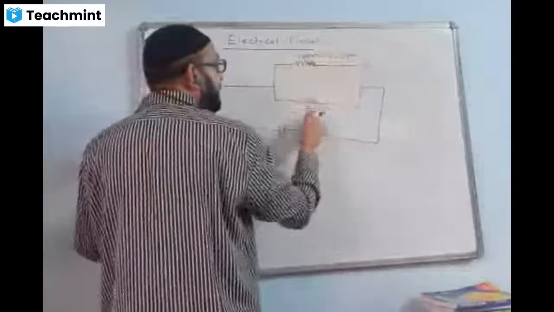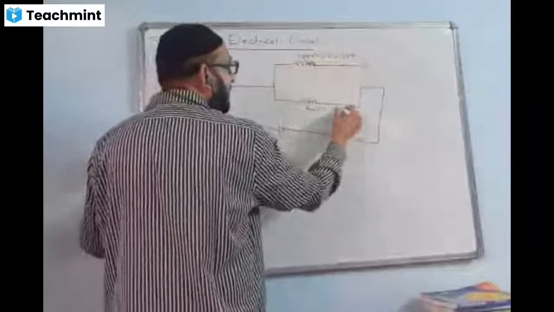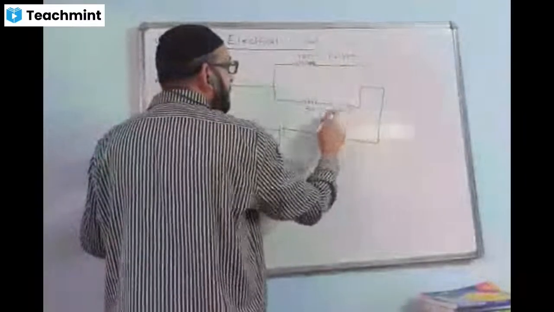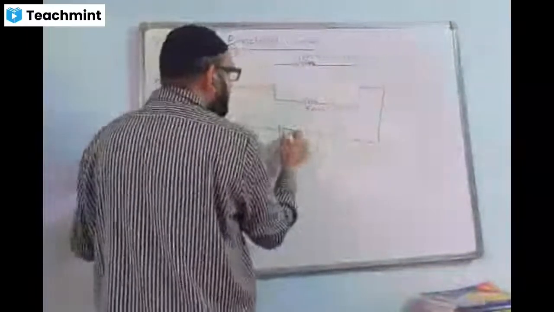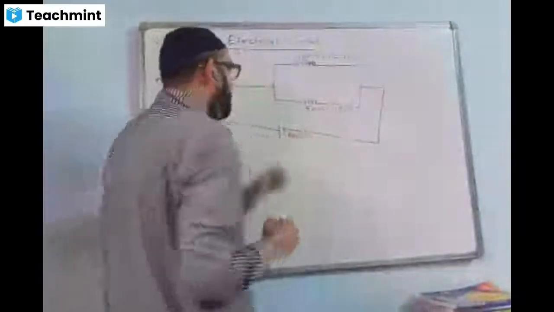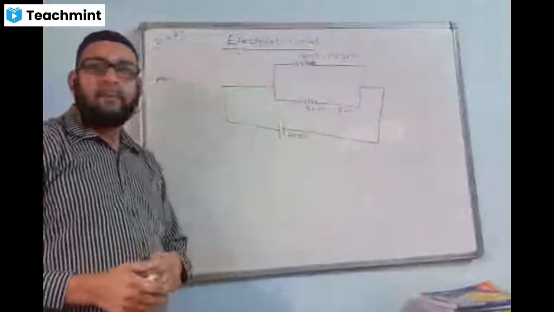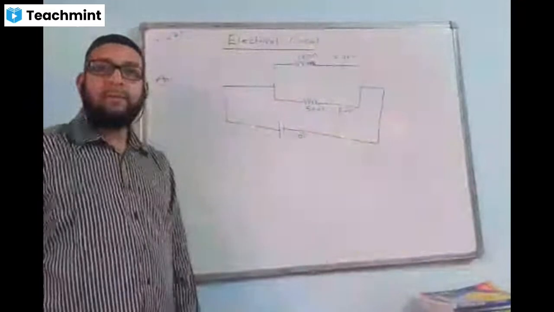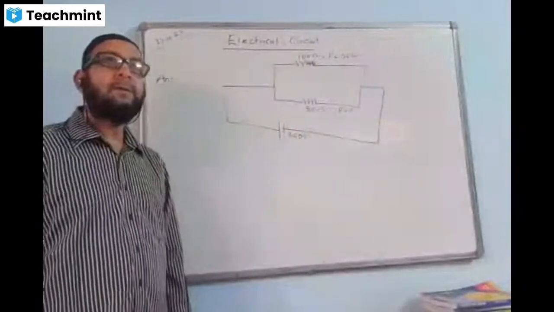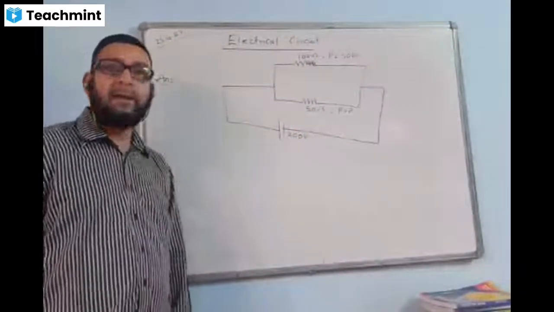You have to find the power consumption here. How much is the power consumption here? Power consumption here is question mark. And this is given 200 volt. So this is an ISC question. This question had come some years back in ISC, I think 2018.